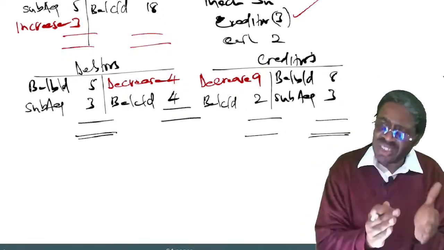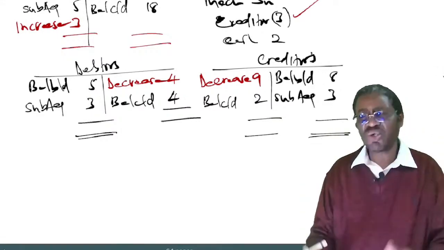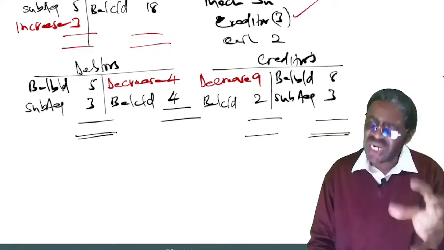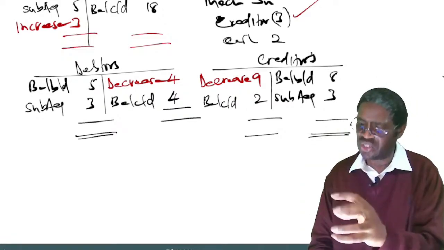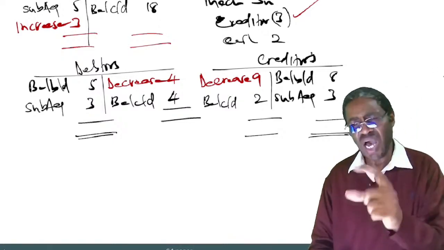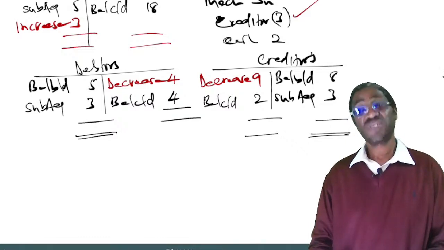When you are analyzing the share capital, you want to know, could we have issued more shares for cash during the year? That's what we are saying. So you had to analyze every item in the balance sheet, seeing how it will help you to prepare your cash flow statement.